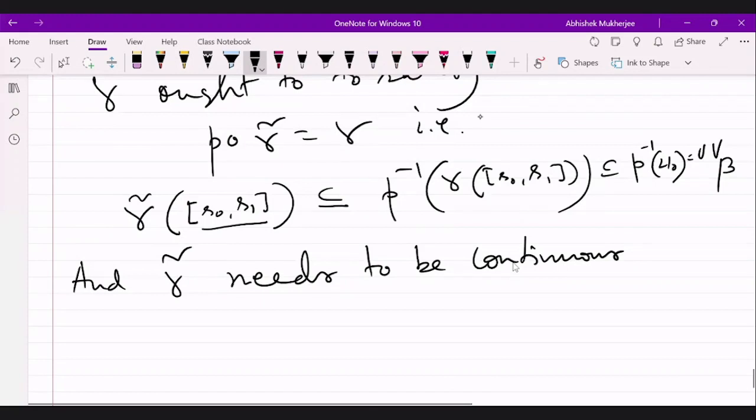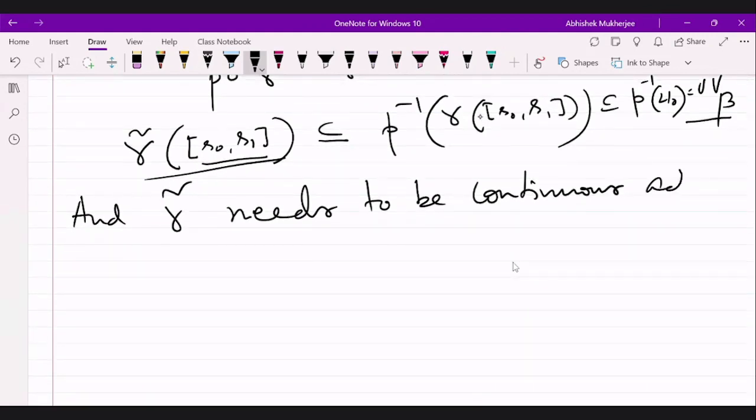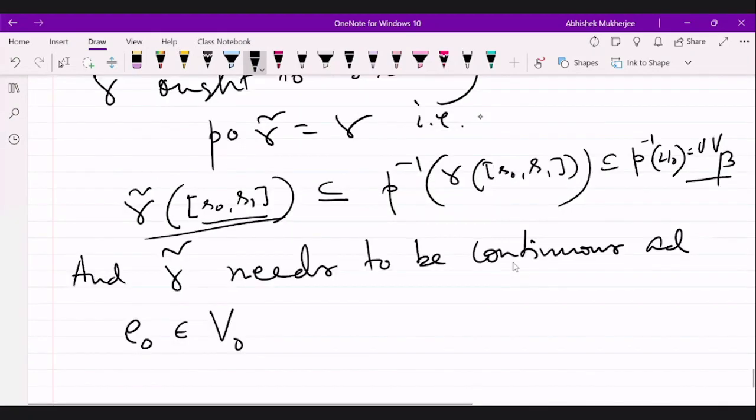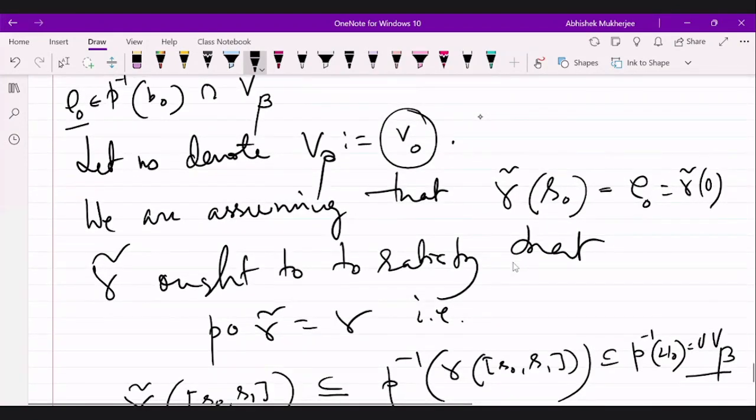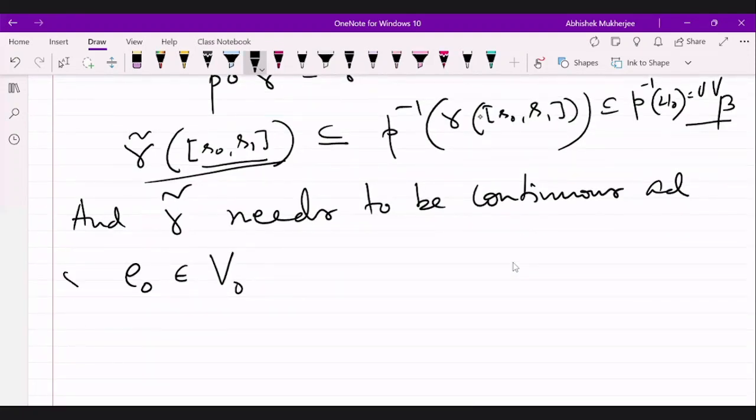But we have already seen that this is a subset of the union of V betas. So that must be part of some V beta. Since connectedness is involved and E0 belongs to V0, and E0 has been assumed to be gamma tilde of S0, this implies, since these V betas are slices, that means they are pairwise disjoint.